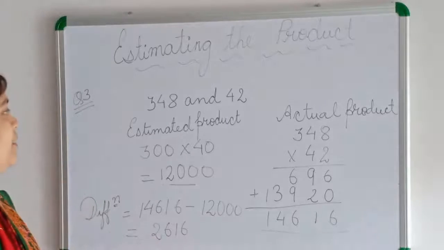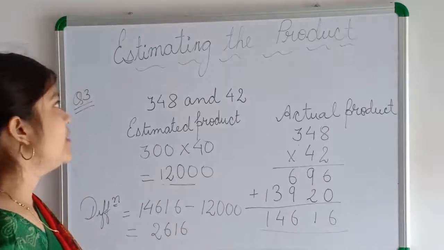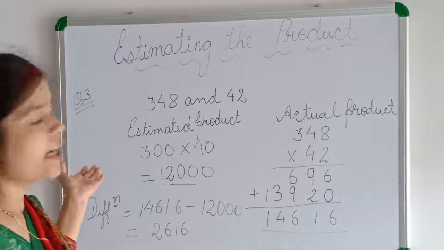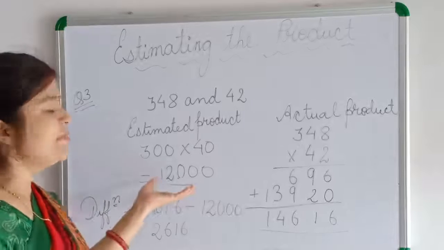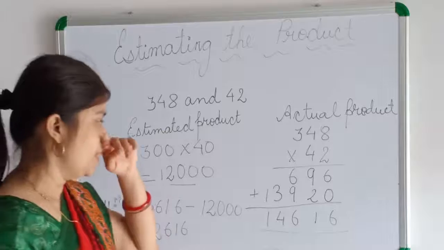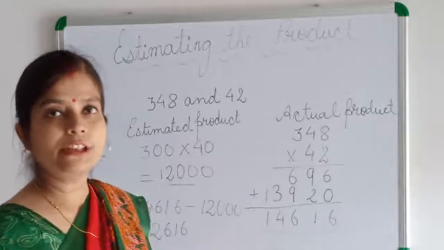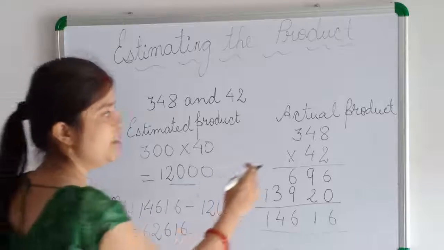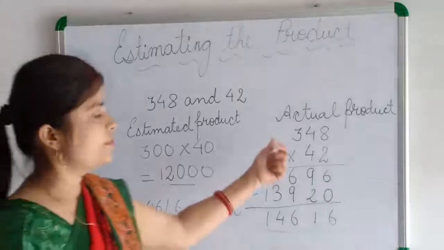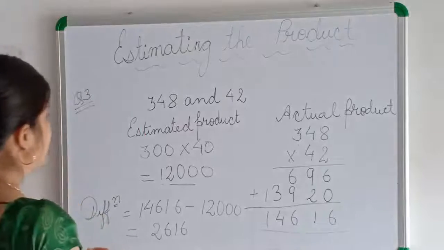So if we are finding the estimated product by rounding to the highest place value, we will be very far from the actual product. And if we round to the tens place, then we will be nearby of it. And in the question, they had rounded off to the tens place only, not gone to the 100 place, and they found the estimated product.